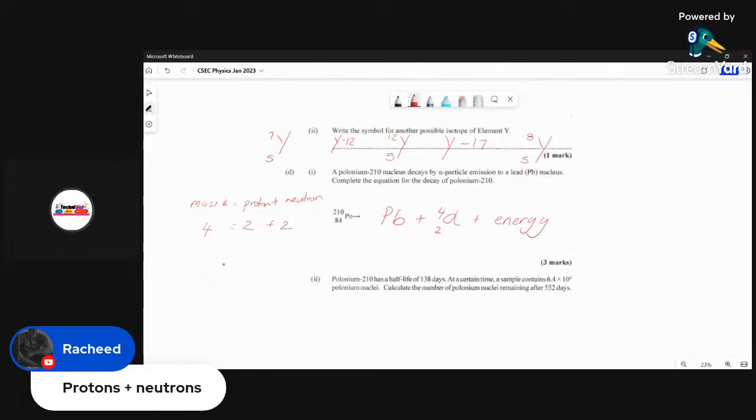Now we need to add the values here, and they should be equal to the values over here. We already have proton number as 84, and alpha has 2. 2 plus what gives you 84? Or you can simply say 84 minus 2. Any way you want to do it.